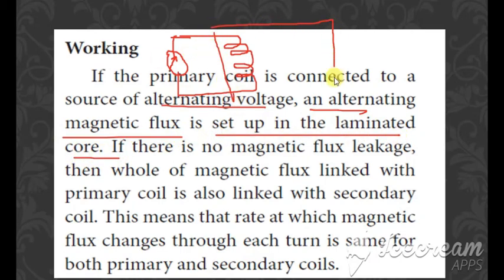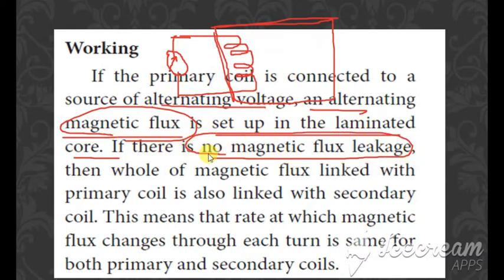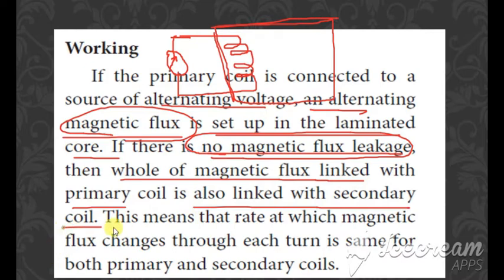If there is no magnetic flux leakage, then the whole of the magnetic flux linked with the primary is also linked with the secondary. So if nothing leaks, all the magnetic flux from the primary gets transformed to the secondary.